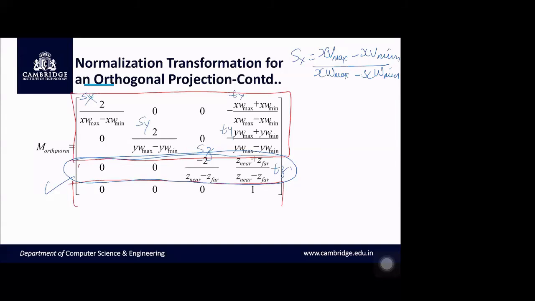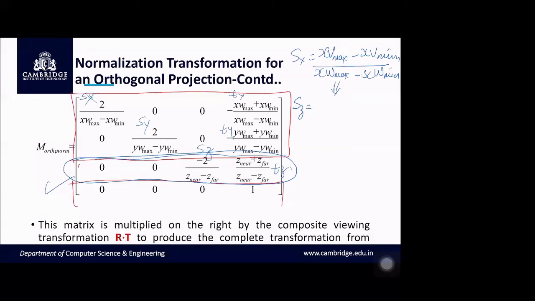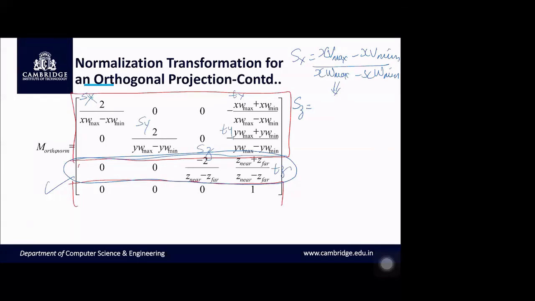So now I'm converting this into Sz. So what will be Sz now? Sz will be Zv max minus Zv min divided by Zw max minus Zw min.